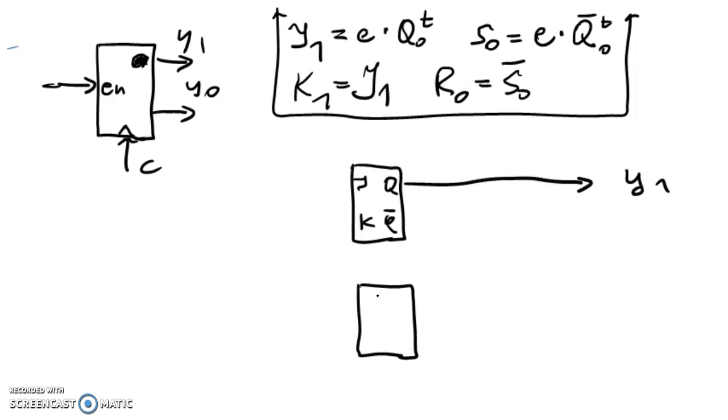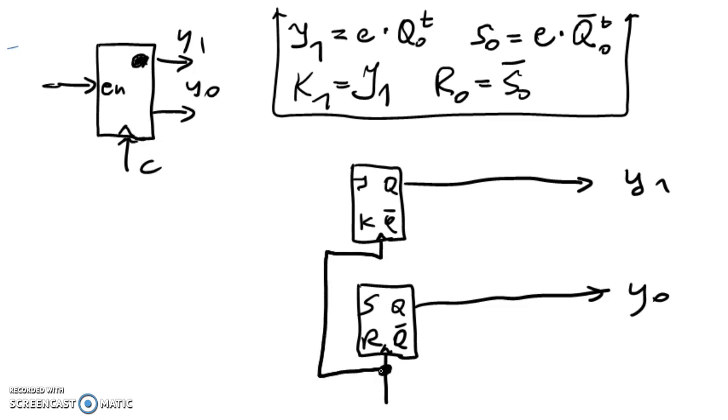And the lower is SR, Q, not Q, and it is our Y0, the state of the lower bit of the counter value. And as usual, always we connect together CK inputs, and we will follow these equations.